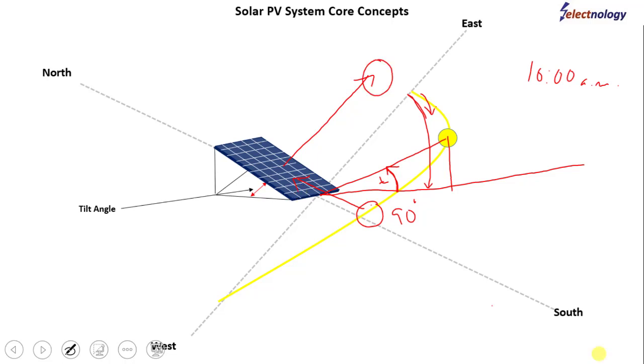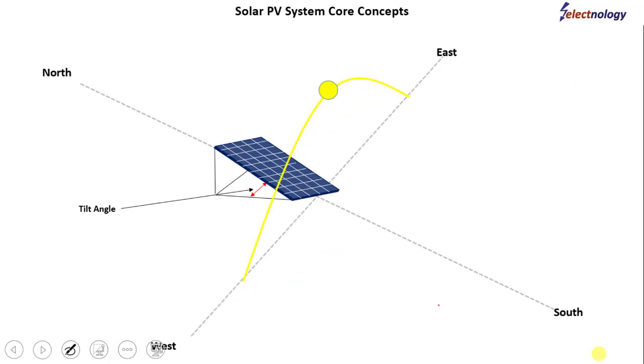Now during the winter season, assuming this position of the sun is the winter position, the sun has a particular tilt angle and it's not on top of the solar panel. Suppose it's the time of summer, then the sun position has changed and it's relatively more on top of the solar panel.